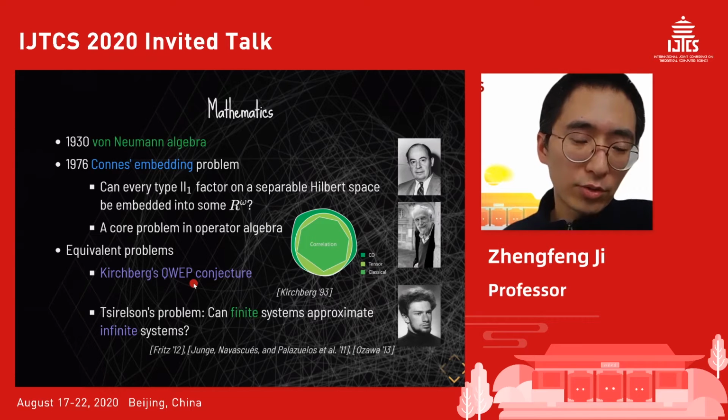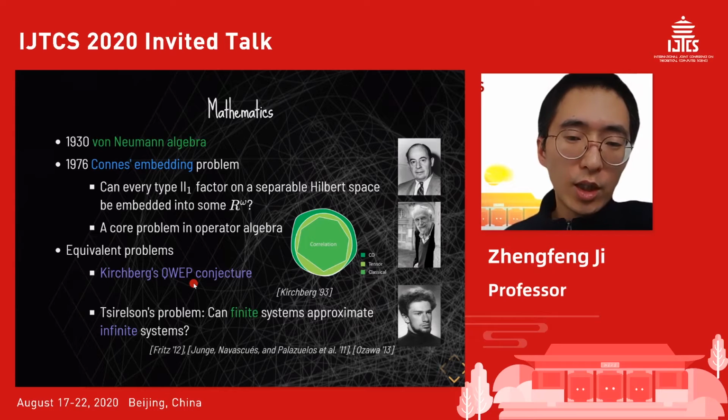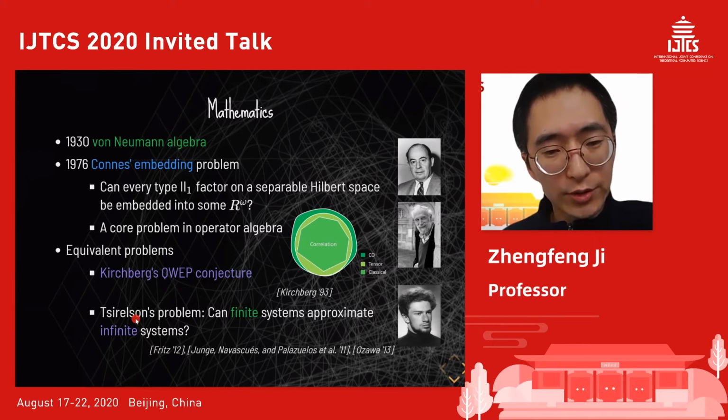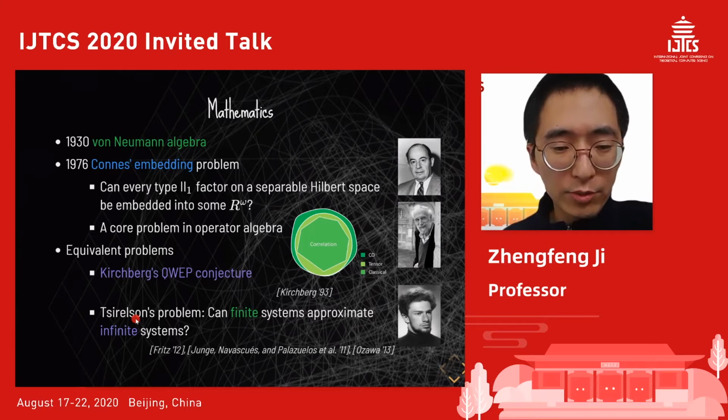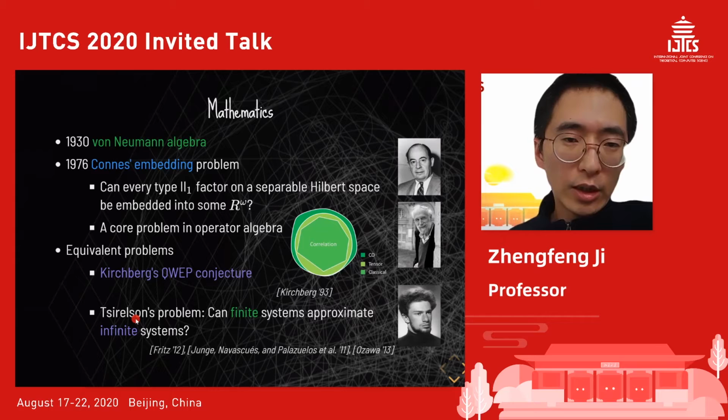It relates to the structure of tensor products of C-star algebras. And also closer to this work is a question asked by Tsirelson, when he was trying to study the mathematical theory behind Bell inequalities and non-locality.